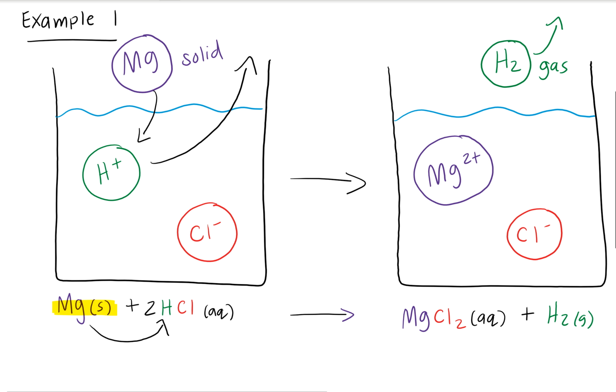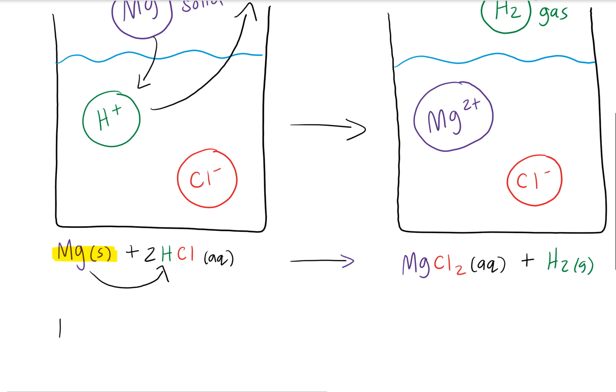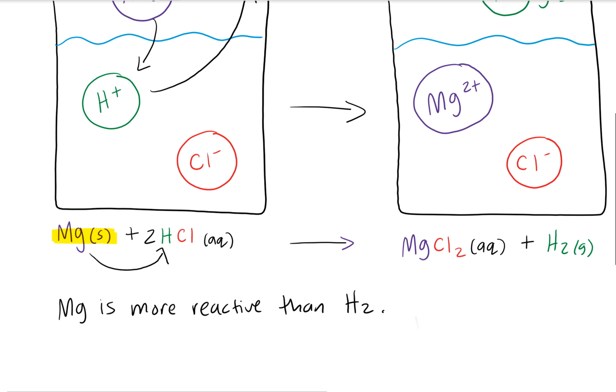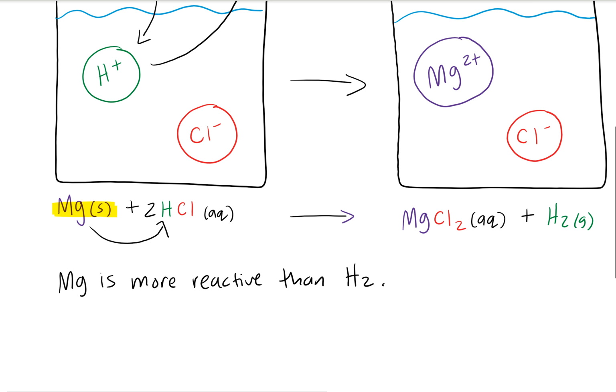Now, why is the magnesium able to replace that hydrogen? And that's because magnesium is more reactive than hydrogen. Okay, and what I have to remember is that those elements that are reactive like to be bonded to other elements. And those elements that are less reactive, they tend not to bond as much, and they tend to just stay by themselves in their elemental form.